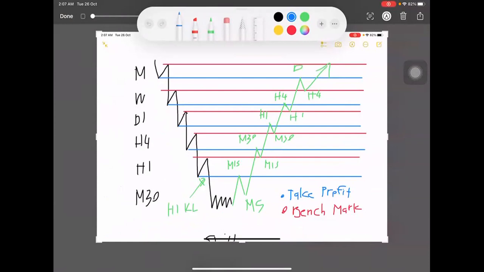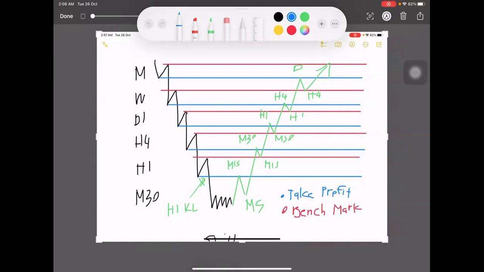Price moves from M30 breakout to H1 key level, and H1 setup is M15, and M15 take profit will be M30, and we'll check for our setup in M5. Price will now move to H4 key level, and the setup will be in M30, and M30 TP will be H1, and we check for our setup in M15 for H1.